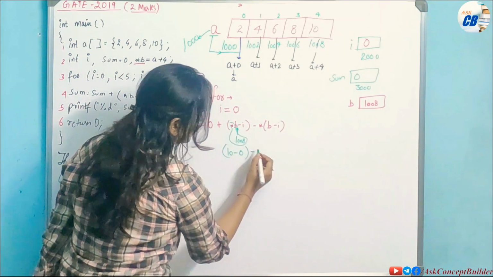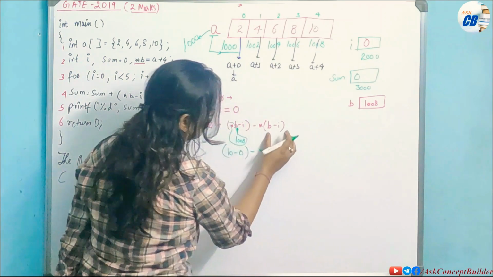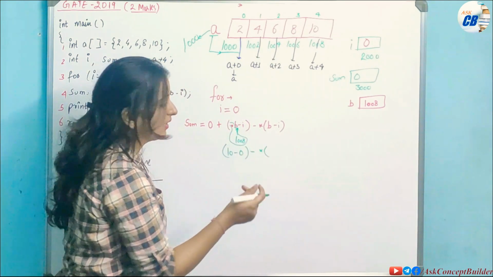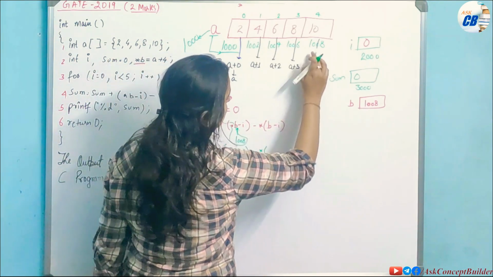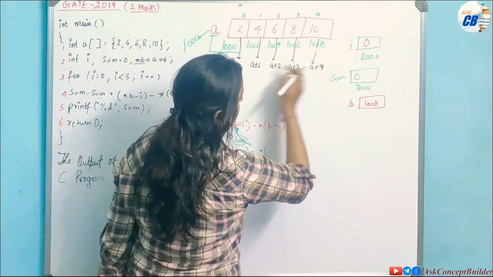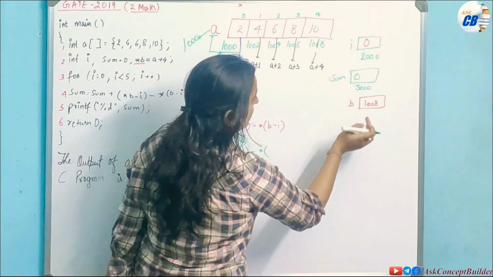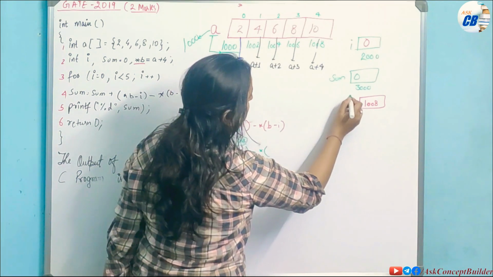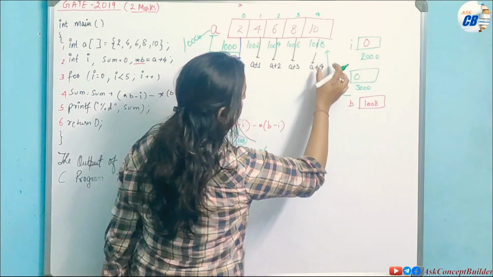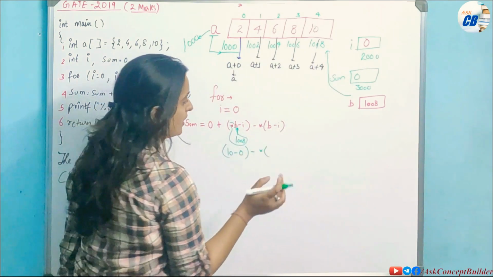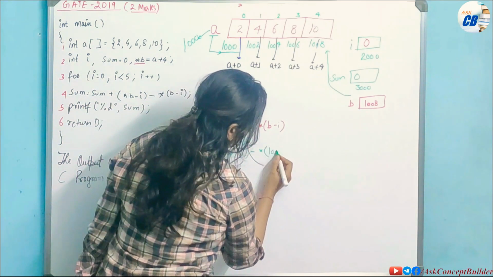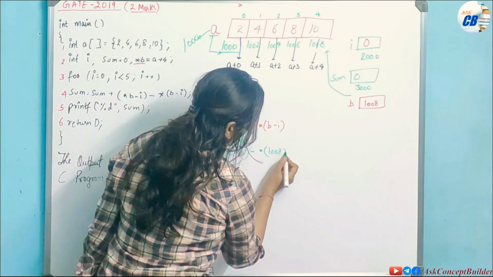Fine, minus star. Now the star is here; first we have to solve the bracket and then put the star there. Now b minus I. What is your b? b is pointing to this one, 1008. So b minus I means 1008 minus 0, which will be 1008 only.